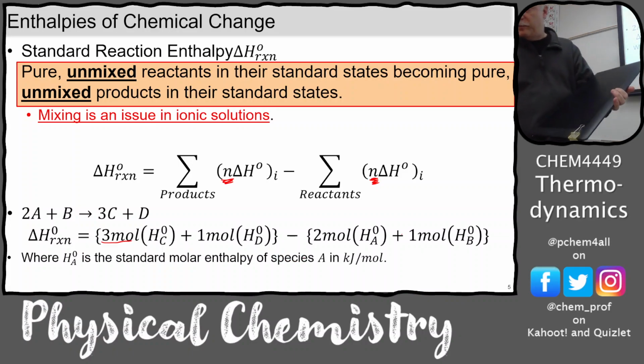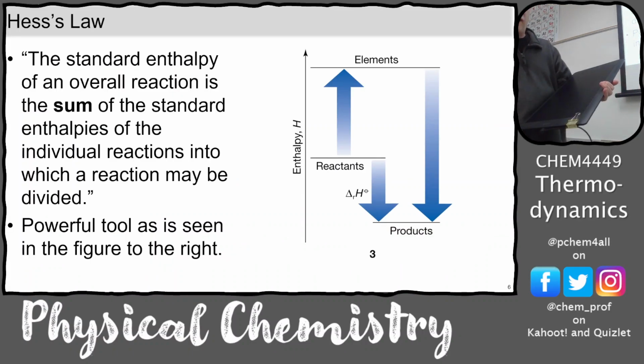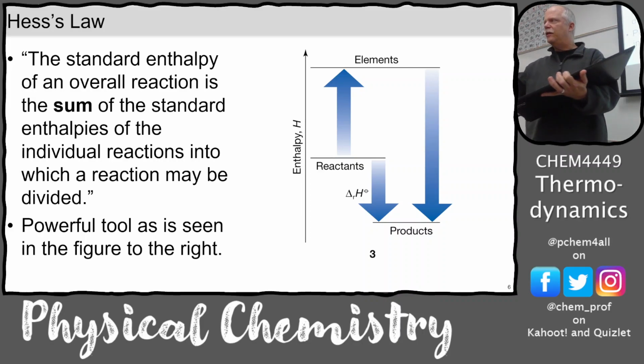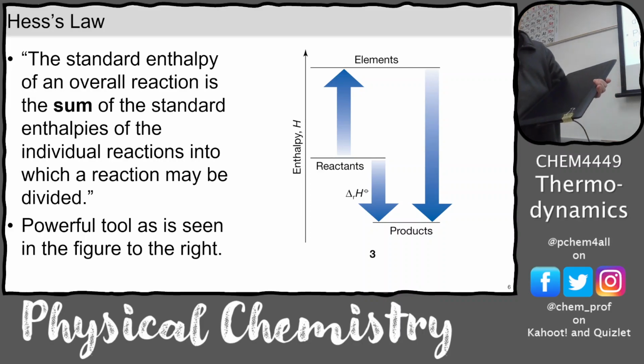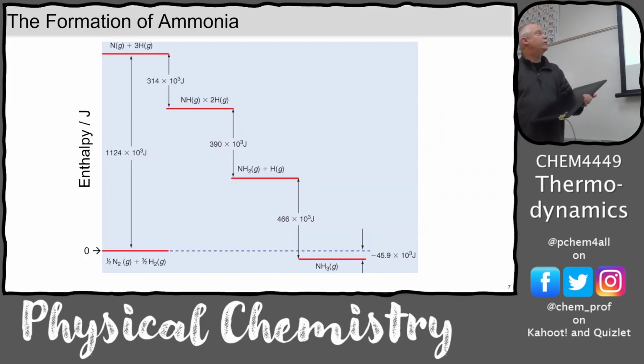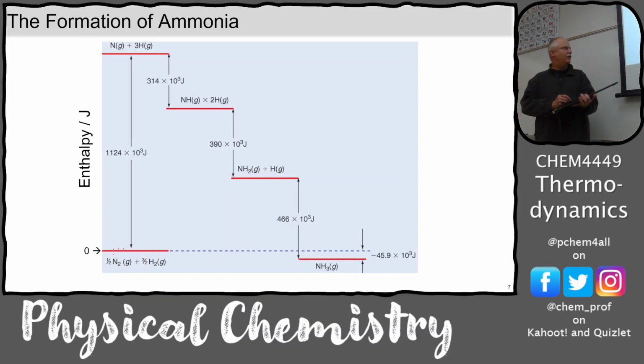So what do we mean by these standard enthalpies? We've got to have some way of picking 0 and then sorting all the others. Let's look at a couple of ramifications of that. Here's an example where if we set the enthalpy of the elements at 0, then we could calculate the enthalpy of formation of this substance.